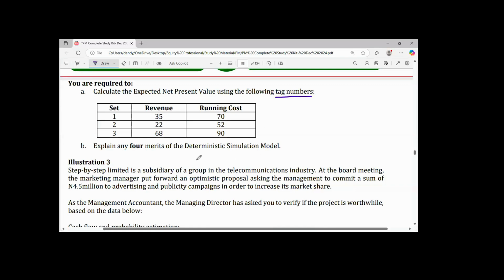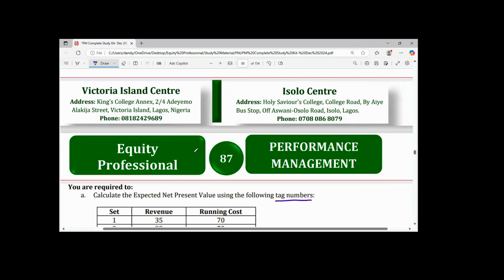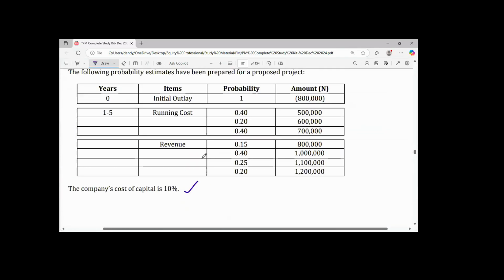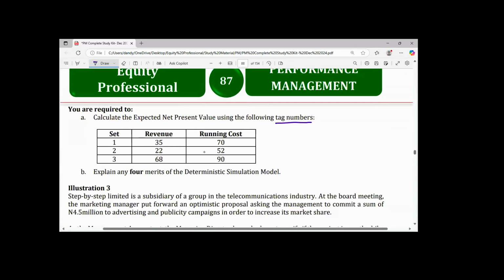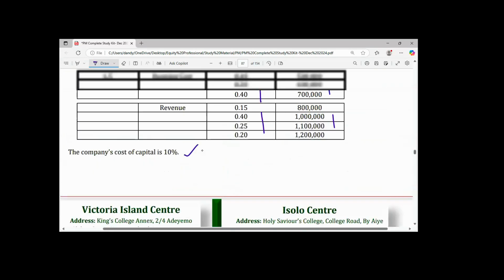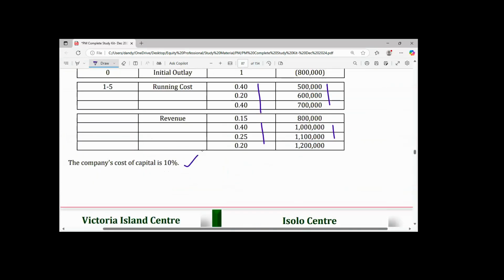So you have to calculate the expected NPV using the following tag numbers. Like I mentioned to you, in this particular question, you are given probability. You are also given cash flows. Ordinarily, if not because of the additional information in requirement A, whereby you are given the tag numbers, what you are supposed to do is to just calculate expected value.